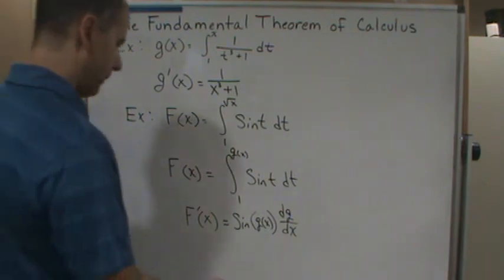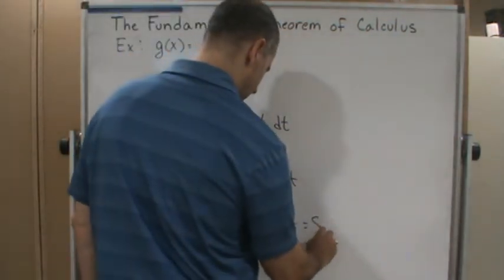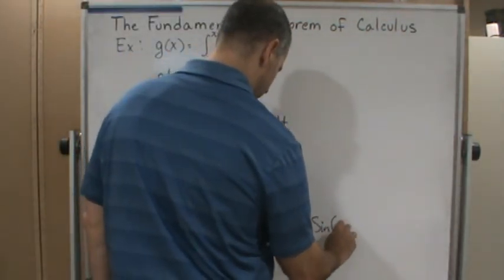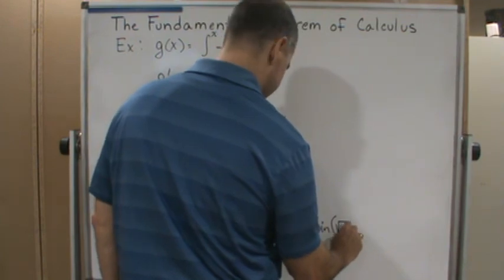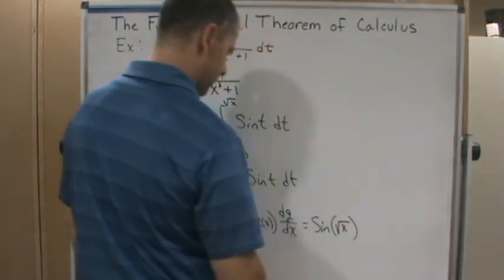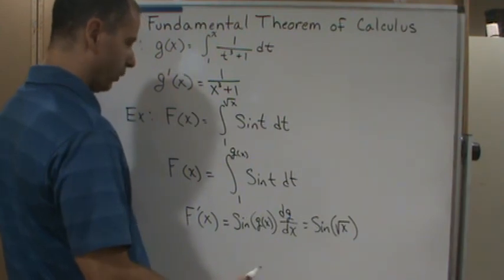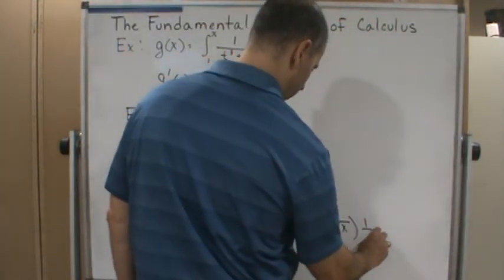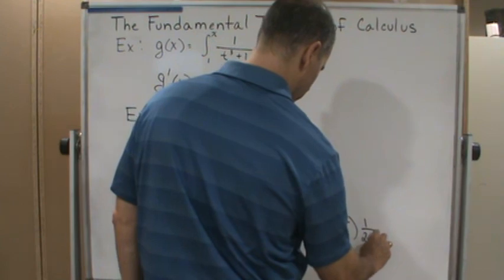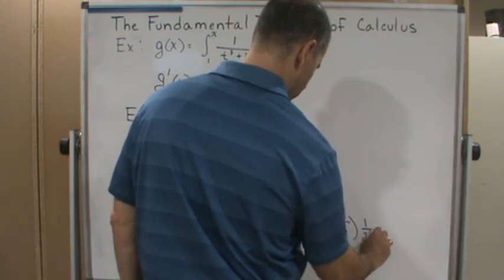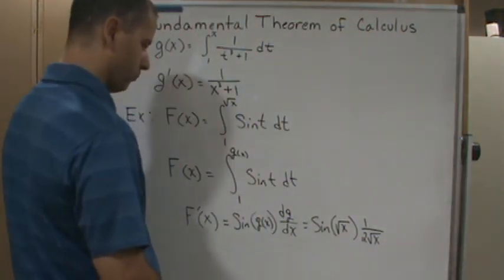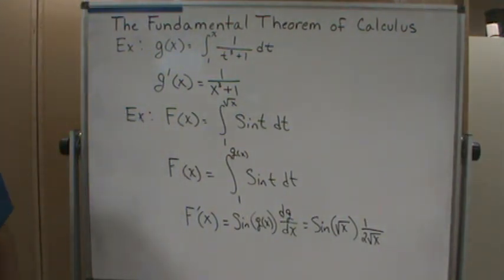So now what happens is this becomes sine of the square root of x times the derivative of the square root of x with respect to x, which is going to be 1 over 2 times the square root of x. Okay?